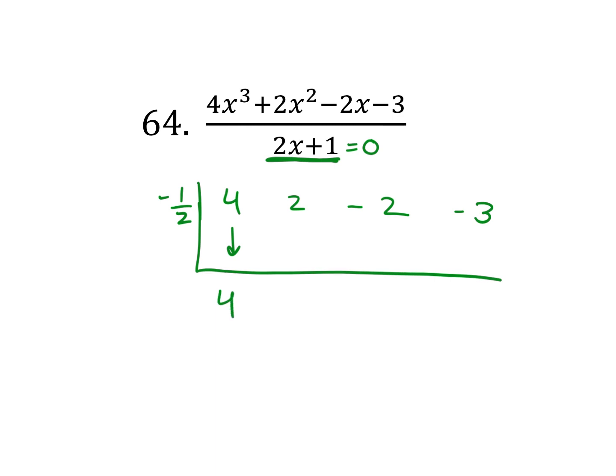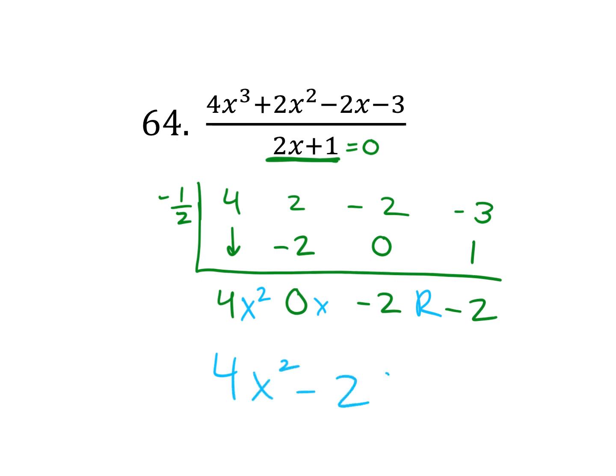What's negative 1/2 times 4? Negative 2. This would be 0, 0, negative 2 times negative 1/2, positive 1. And then negative 3 plus 1 would be negative 2. So here, this would be x squared, 0x minus 2, remainder negative 2. So 4x squared minus 2, remainder negative 2.